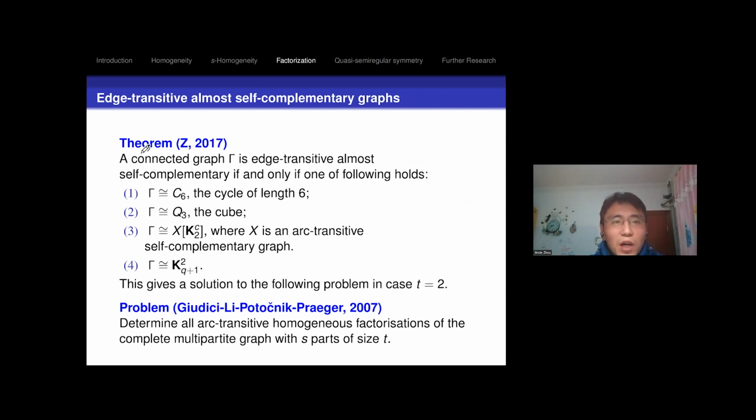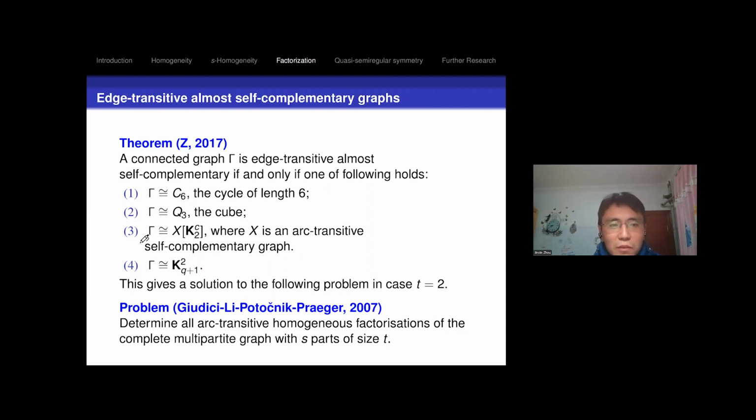We give a classification of edge-transitive almost self-complementary graphs. A connected graph gamma is edge-transitive almost self-complementary if and only if one of the following holds. First, gamma is the cycle of length 6. Second, gamma is the cube.